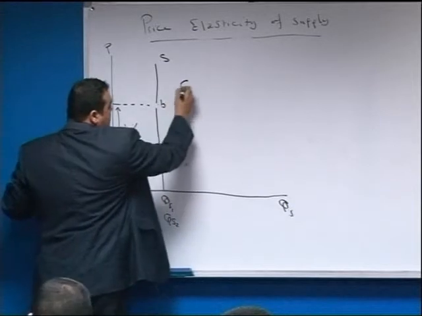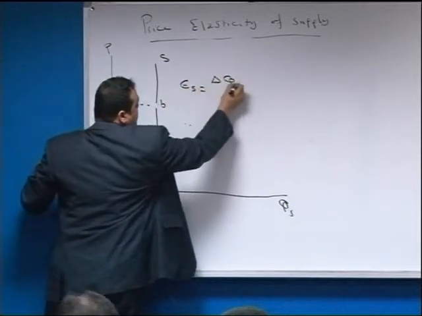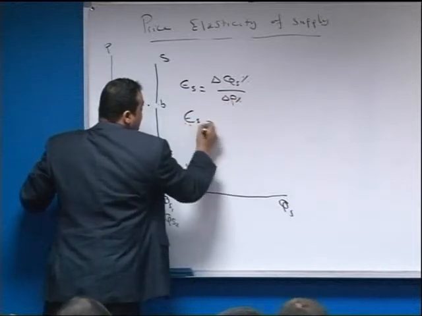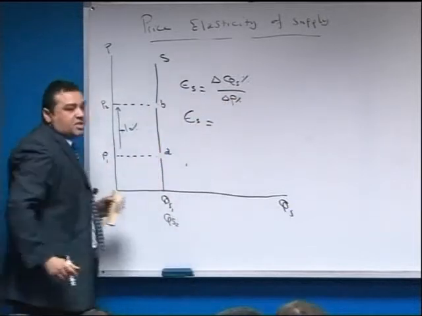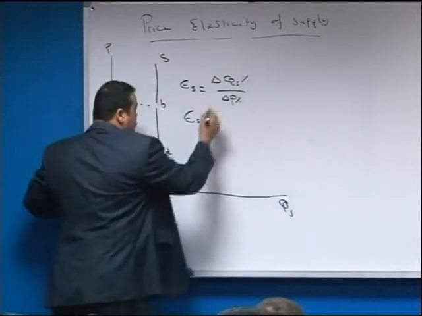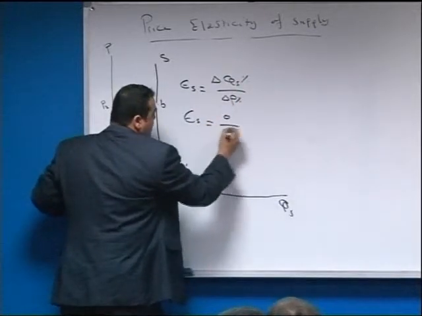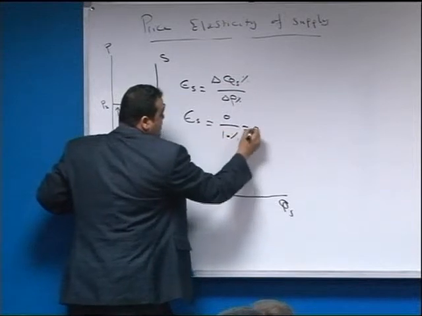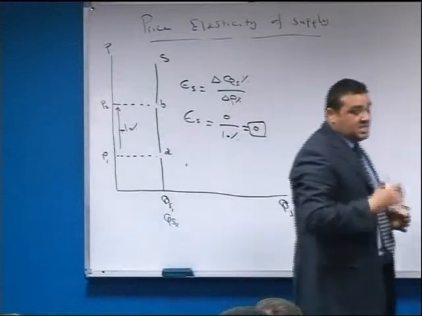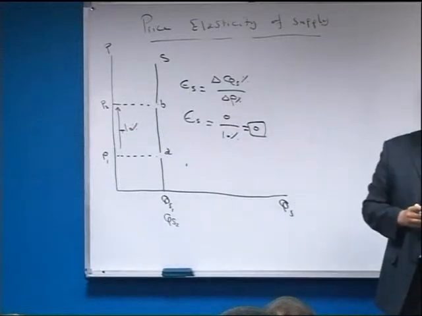So ES equals delta QS percent over delta P percent. The change in quantity supplied equals 0 over 10% equals 0. So the price elasticity of supply is 0, perfectly what?